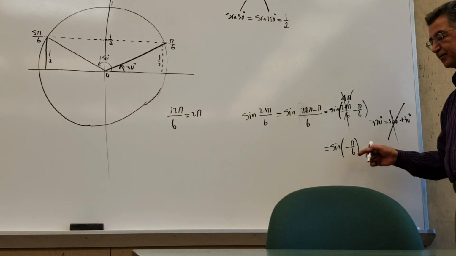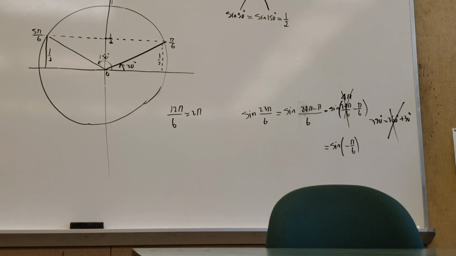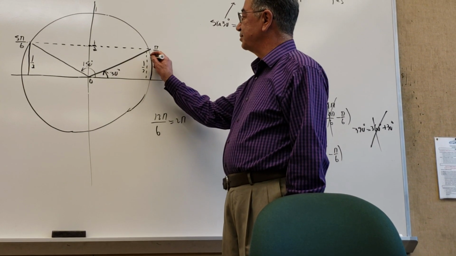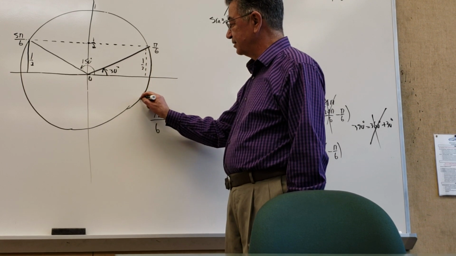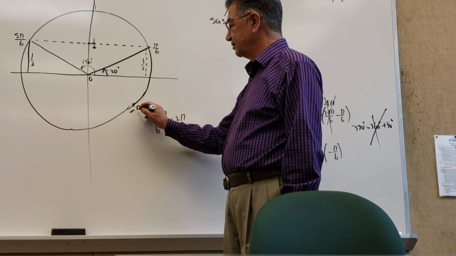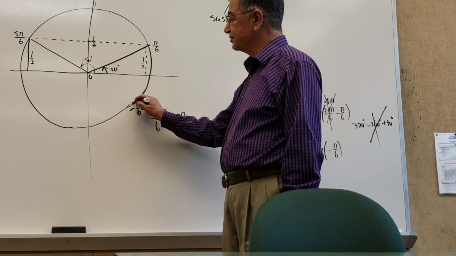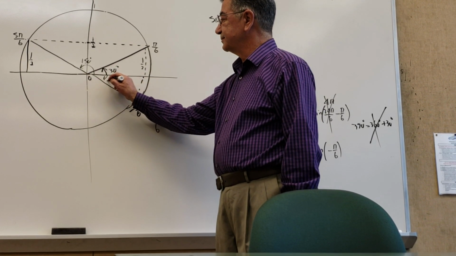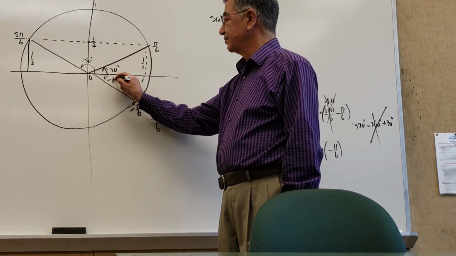Okay. Where is negative pi over 6, guys? If this is going positive pi over 6, this is going what? Negative pi over 6. How much do you think this value should be? 330. Negative 30.